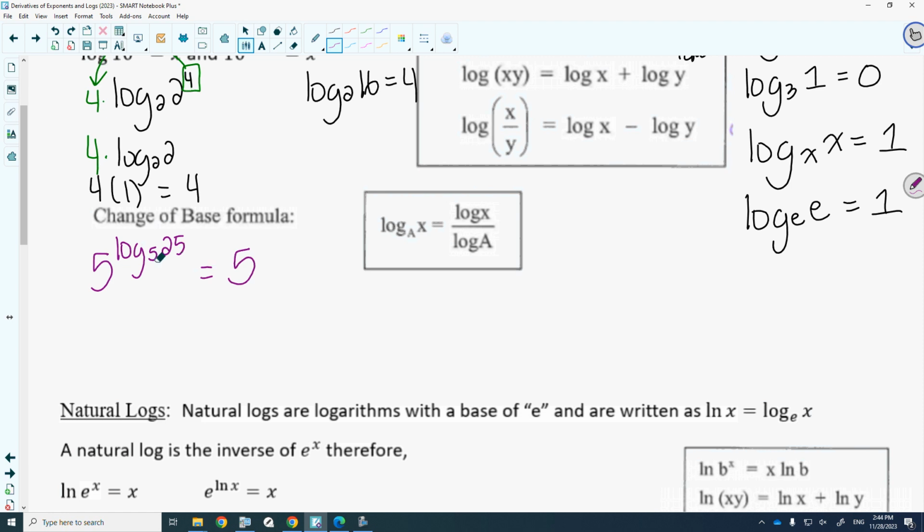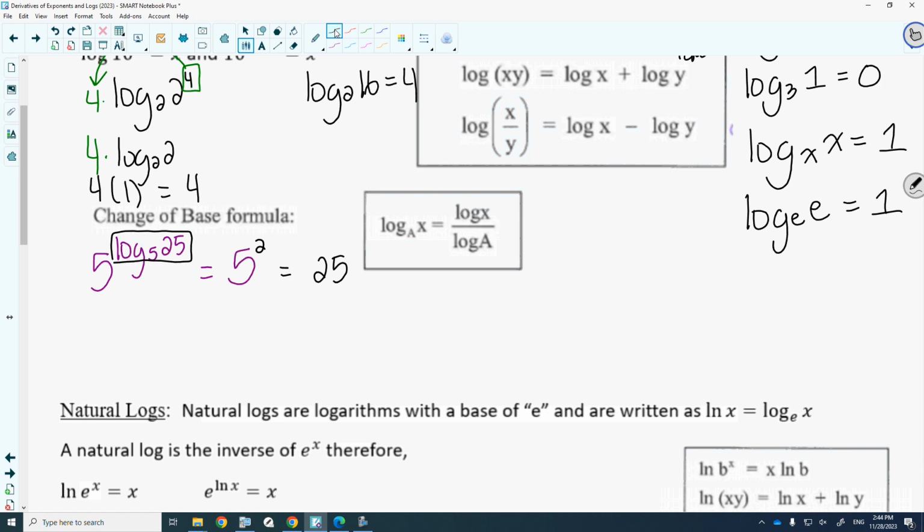Yes, you say to yourself, 5 to what power will give you 25? So that answer is 2. So the evaluation of log base 5 of 25 is 2. Does that make sense? This log is equal to 2, and then 5 squared is 25.